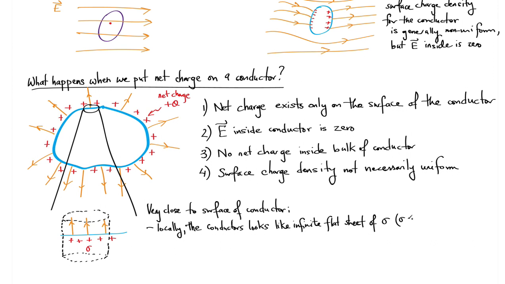Okay, sigma can vary over the sheet. But in this little patch here, because we're making this patch be very small, sigma right around this patch you can treat as constant, okay?